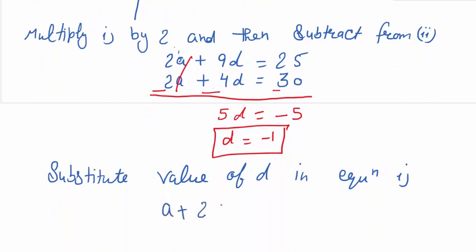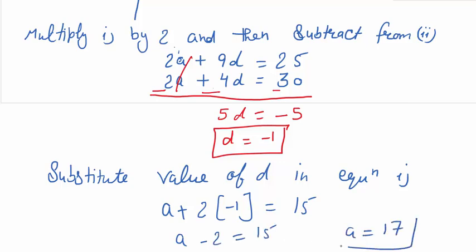A plus 2 into d, that is minus 1, equals 15. So a plus 2 into minus 1, that is minus 2, equals 15. So a will be 17. We have found the values of a and d. Now a is 17. Now use the formula to find the value of A10.